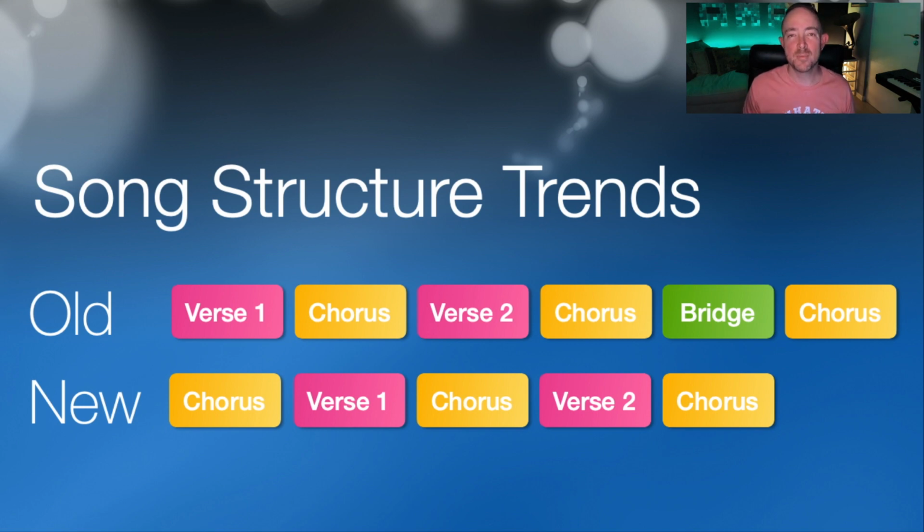But if you look at a lot of the modern songs these days, even though you might say, well, we've got verses and chorus and nothing else, the choruses are going to be identical, yes, but the verses will be different from each other. Verse 1 and verse 2 will have more variety in the melodies and the hooks that they're using in verses. So that's another advantage that more modern, new kind of music has today, using this modern song structure trend.